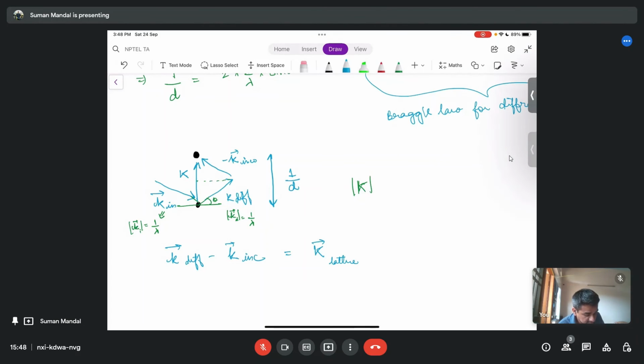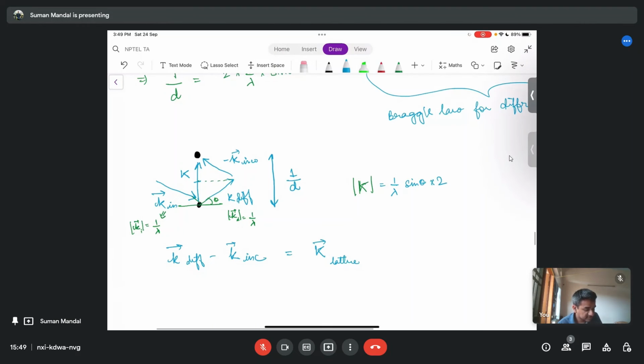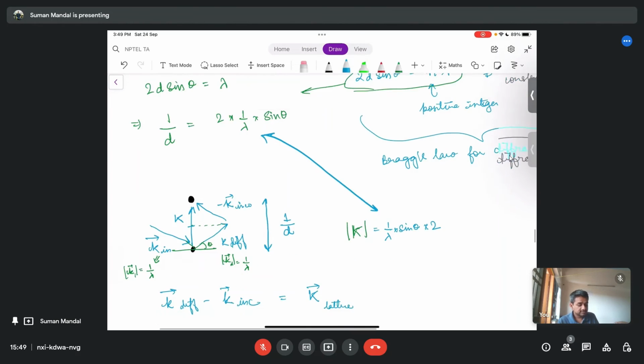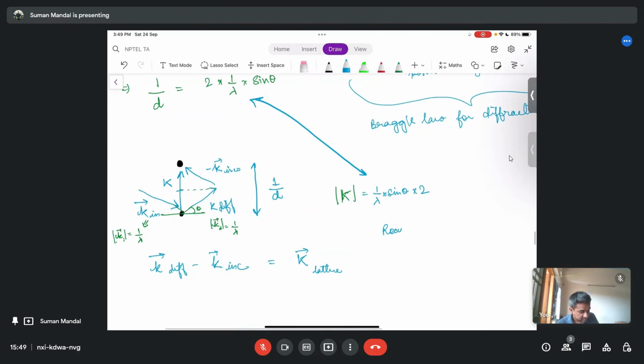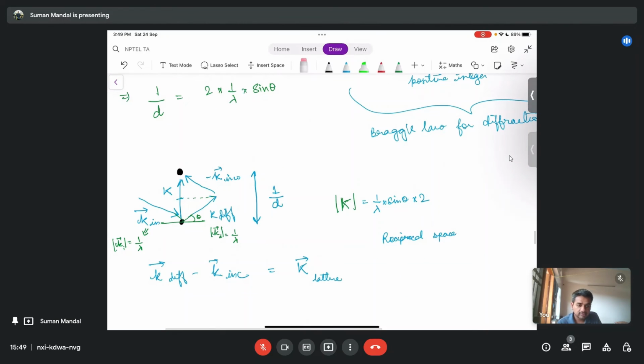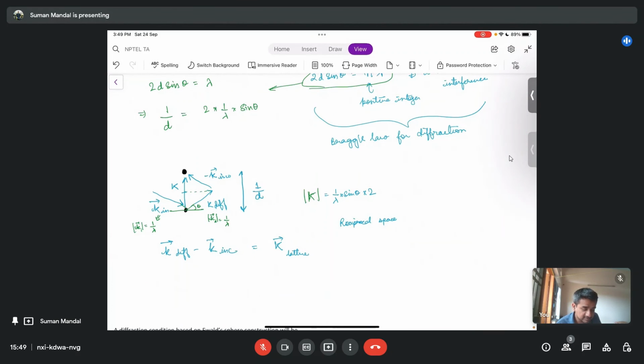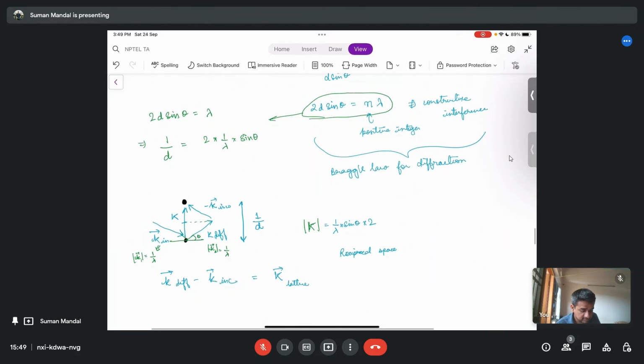So this is equal to 1 by lambda sine theta, and for this and this it's 2 times, which is same as Bragg's law. You can see these two equations are same. So in the reciprocal space we reach the same conclusion as Bragg's law. Bragg's law is in the real space, and the Laue condition is in the reciprocal space. Did you understand, Karthik? Yes, sir.